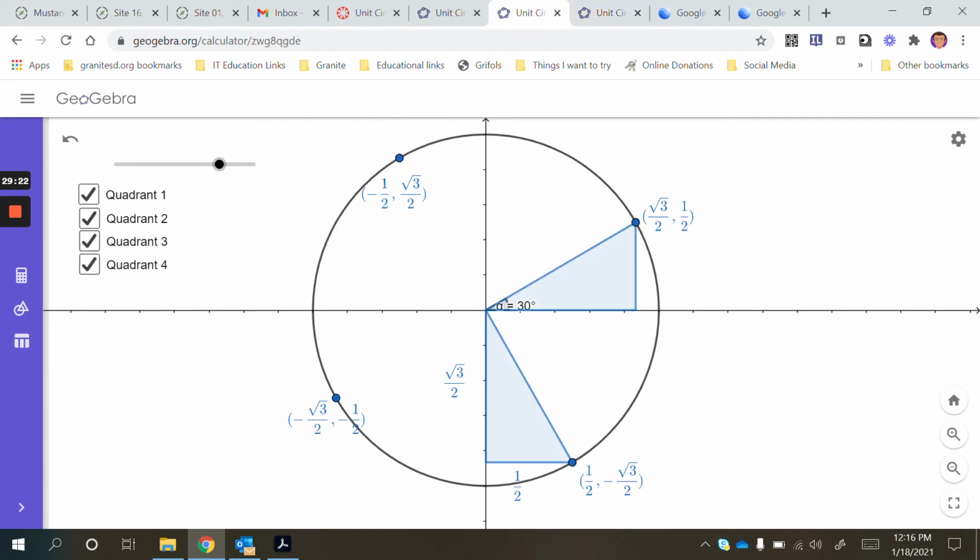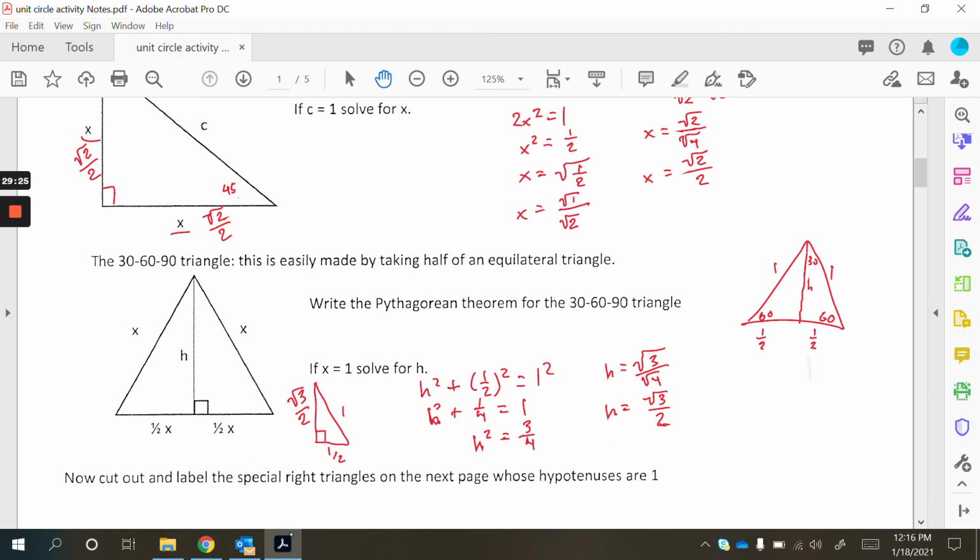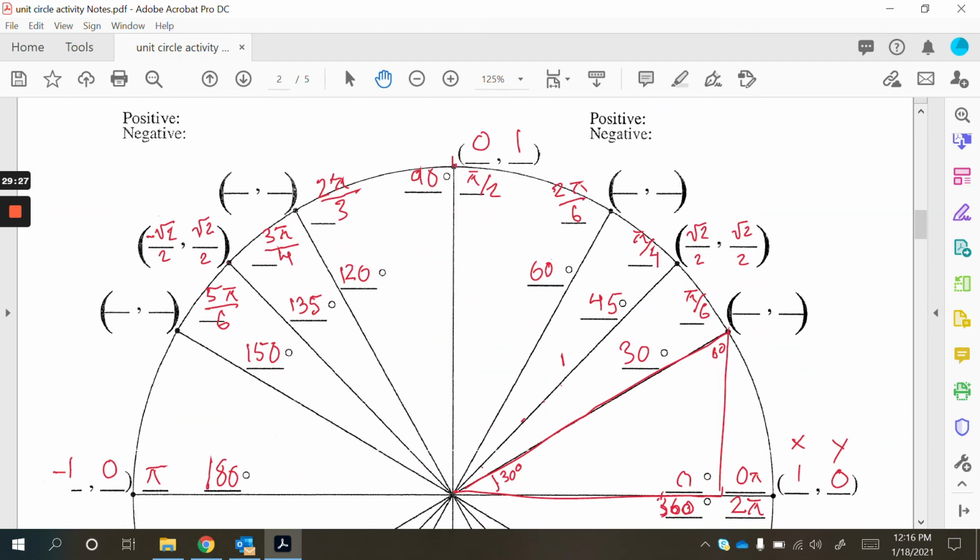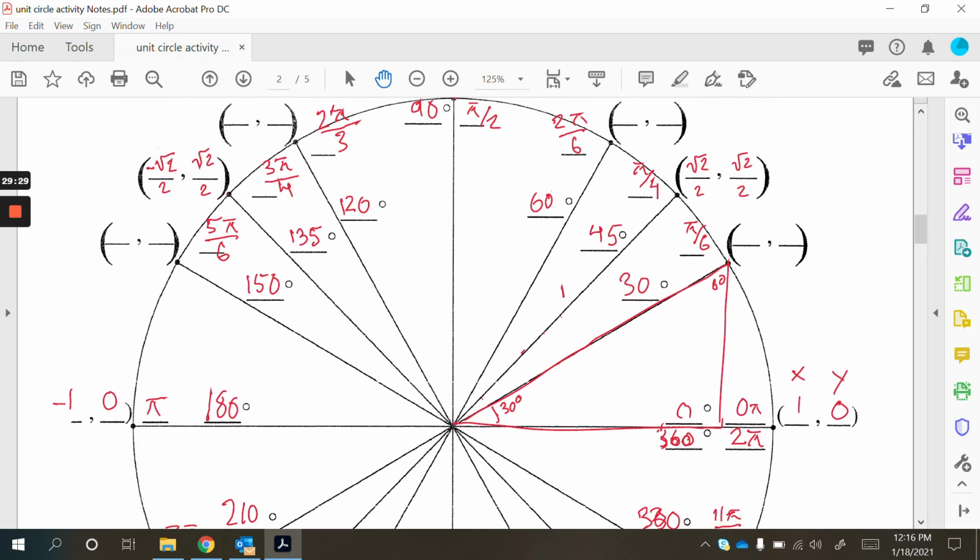So let's come back to our unit circle and we will finish it up. So remember, the long side was square root 3 over 2. So this went forward square root 3 over 2 and up just 1/2. With the 60 degree, our longer side was on the up, so we went up square root 3 over 2 and only forward 1/2.